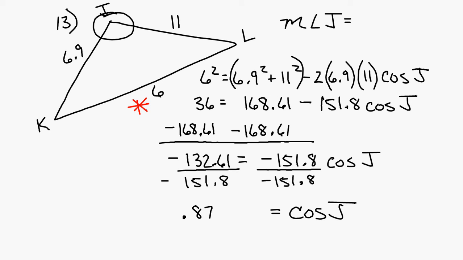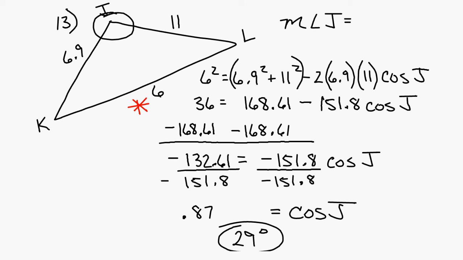So if cosine of J equals this number that's sitting in your calculator, if you push second cosine, it's going to give you the measure of angle J. So don't rewrite it or anything like that. Just right now, with that long number that's in your calculator, push second cosine, and you should get 29 degrees. 29 degrees.